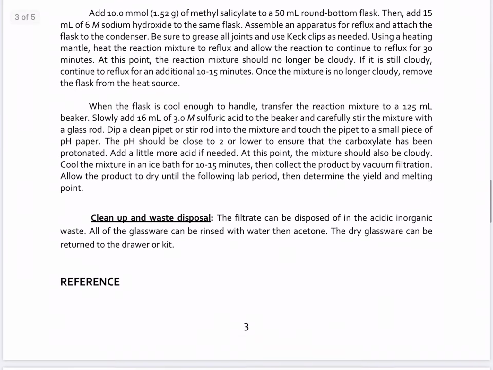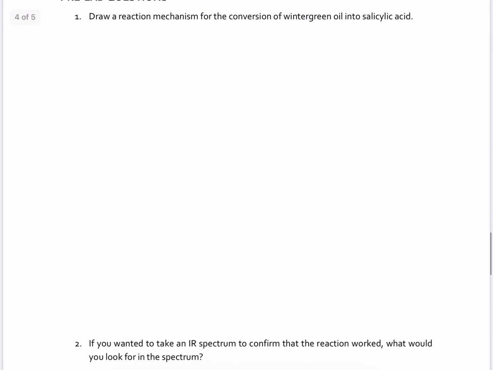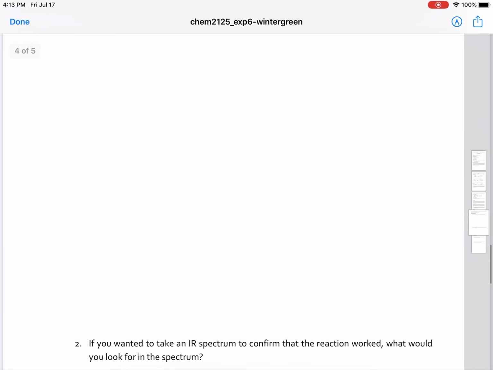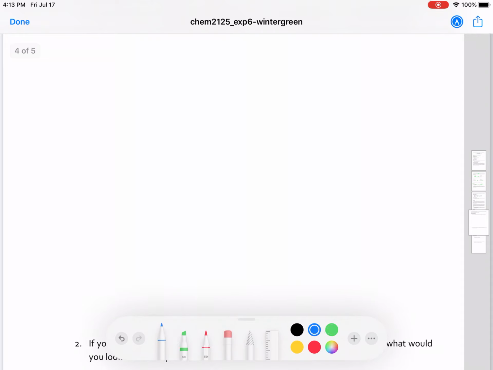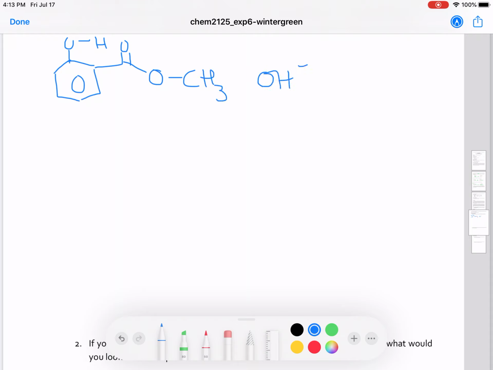So let's see how to do the mechanism for this one. You will have this OH, and then you have the ester group OCH3. So you are doing it under sodium hydroxide.